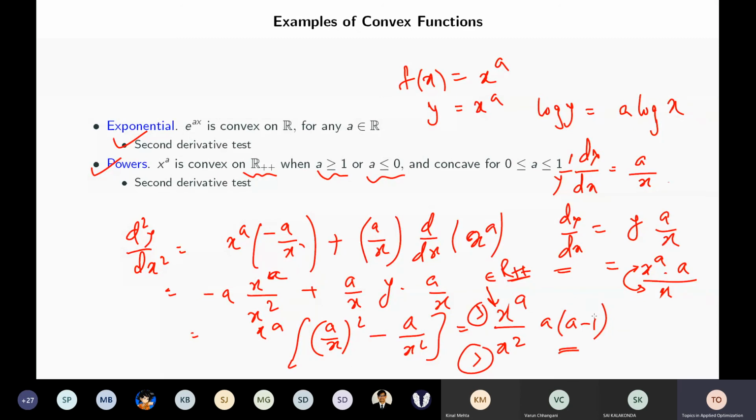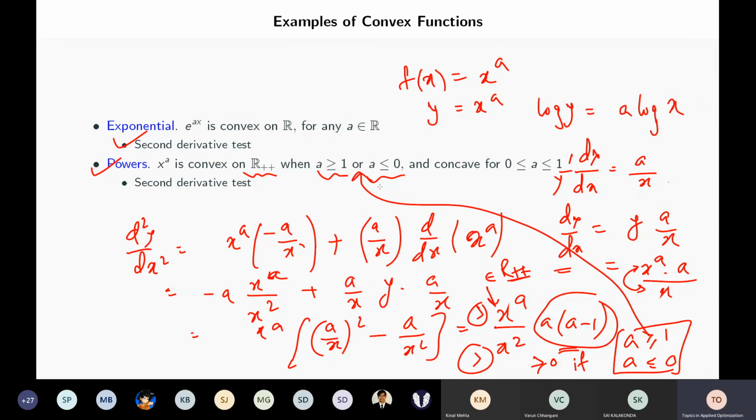Everything depends on a times (a minus 1). It is greater than or equal to 0 if a is greater than or equal to 1 or a is less than or equal to 0, which is what is defined here. In that case the double derivative is positive, and this guarantees that x to the a is convex. It will be concave the other way, so to make it less than or equal to 0, a has to satisfy that. Okay, so these are the ways we can use the double derivative test.